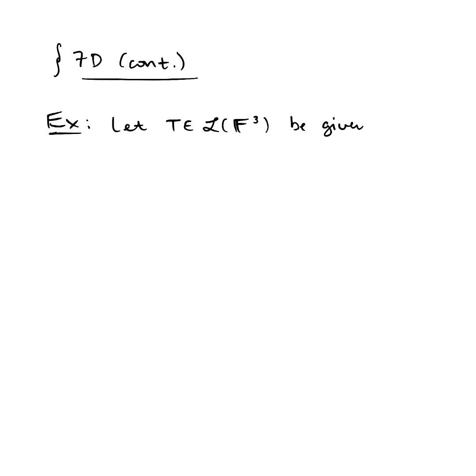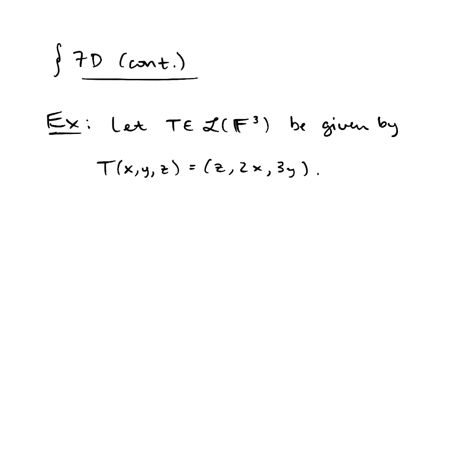Let it be given by T of (x, y, z) equals (z, 2x, 3y). All right, so that's a perfectly nice linear operator. It's easy to plug vectors in and see what vectors pop out.